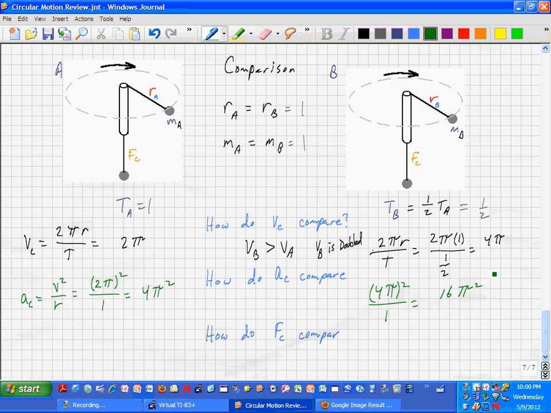Well, acceleration of B is going to be greater than acceleration of A. In fact, acceleration of B is quadrupled.